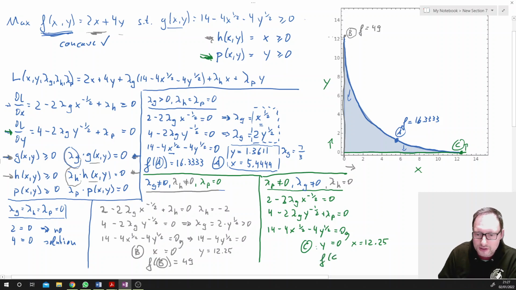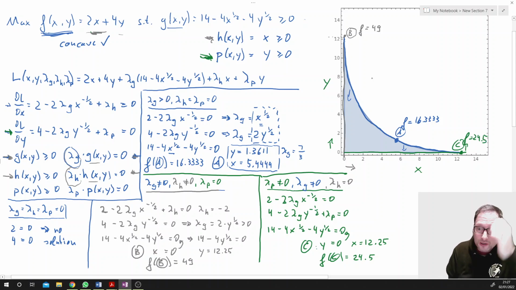If you plug y equals 0 and x equals 12.25 into the function, it's 2 times 12.25, that is 24.5, or around 25. So here the function value is 24.5.